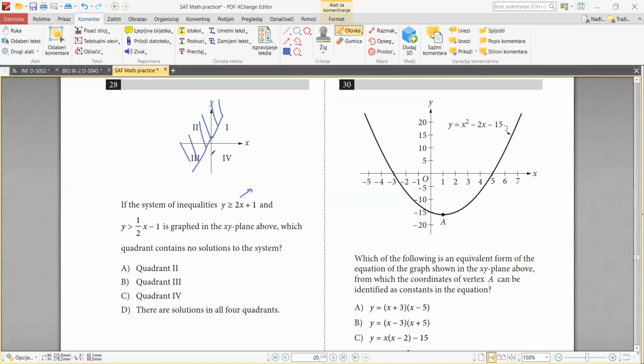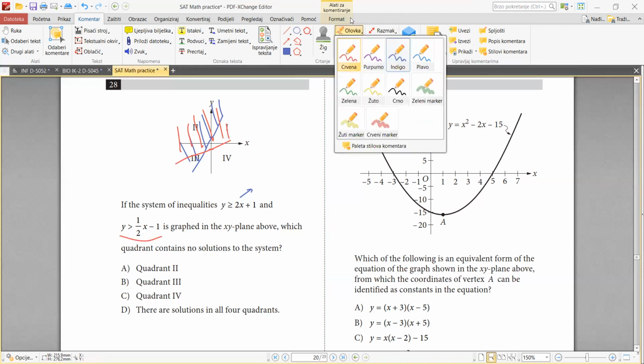And now this region is also included from the second inequality.